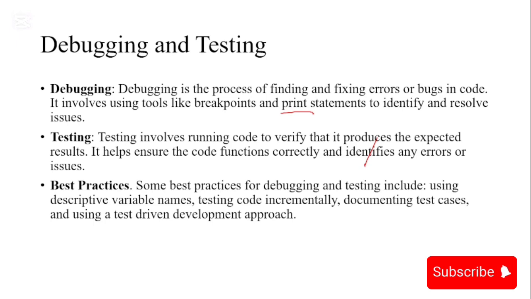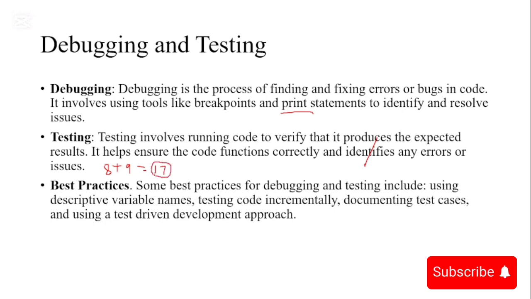Then we have testing. Testing involves running code to verify that it produces the expected results. I'm trying to get a sum of two values, 8 and 9. I'm expecting to get 17 as my output.